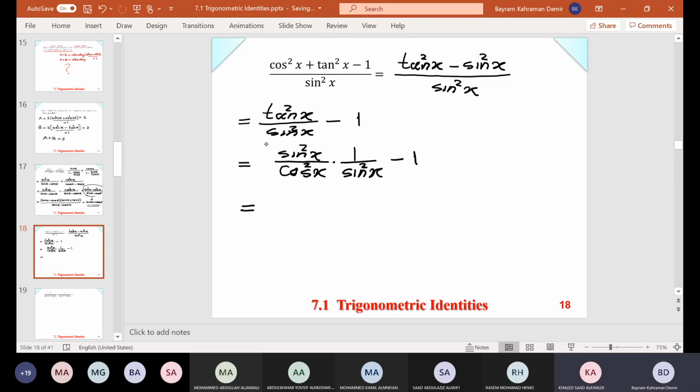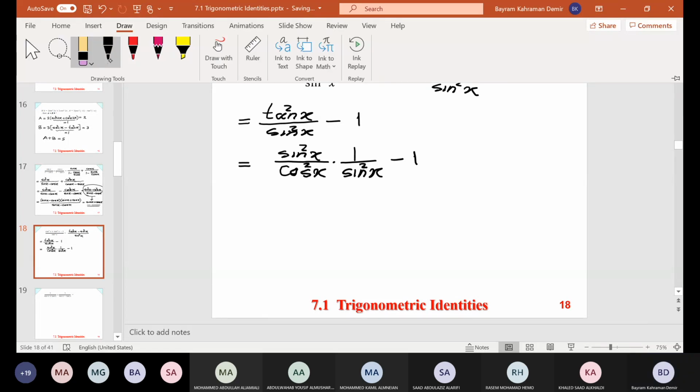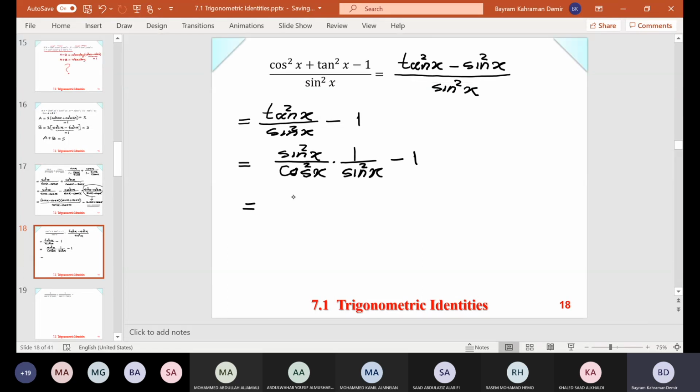You see, sine squared is cancelled, so you get 1 over cosine squared. So it is equal to 1 over cosine squared minus 1, because I'm sure somebody will ask. 1 over cosine squared is secant squared x minus 1, which is tangent squared.